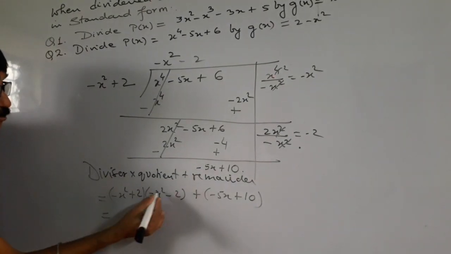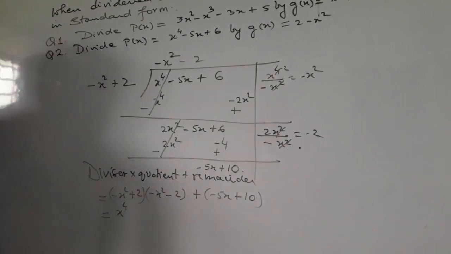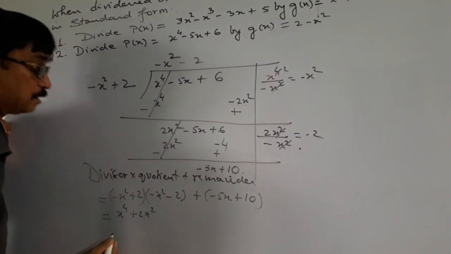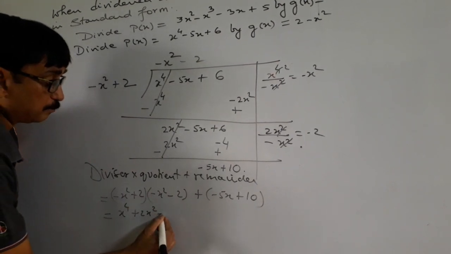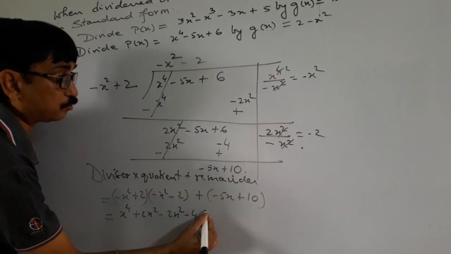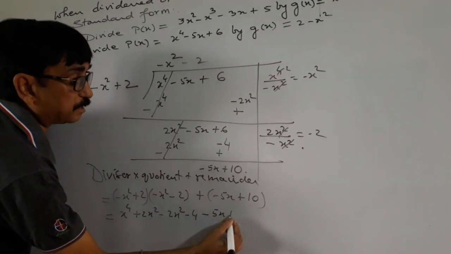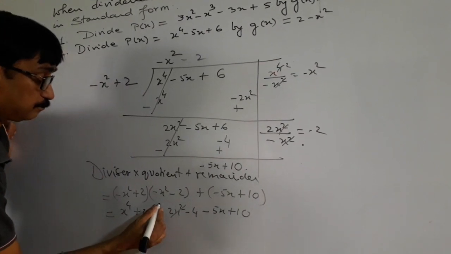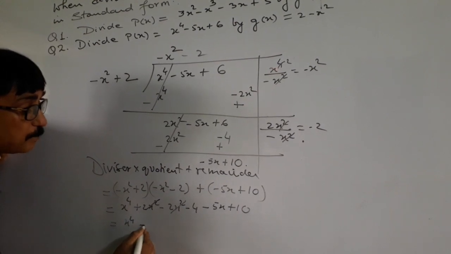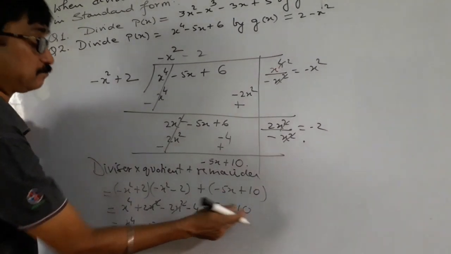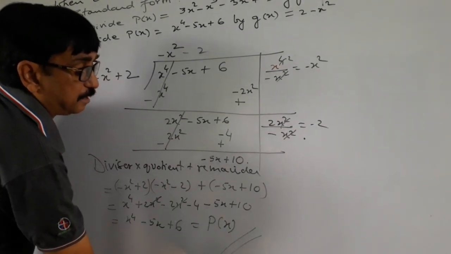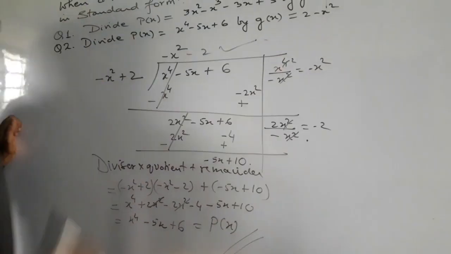So minus x square into minus x square, x to power 4, minus x square into minus 2, plus 2x square, minus x square into 2 minus 2x square, 2 into minus 2 minus 4, minus 5x plus 10. So 2x square and minus 2x square cancel out. Now x to the power 4 minus 5x, and 10 minus 4 plus 6, which equals our dividend, and our answer is correct.